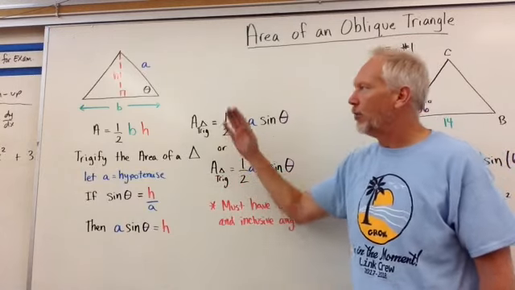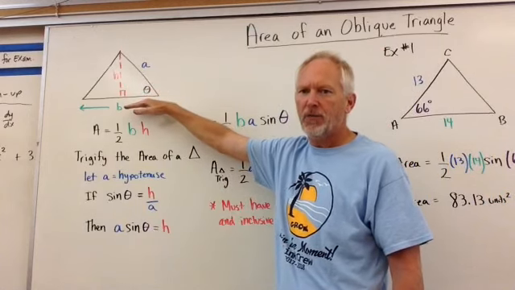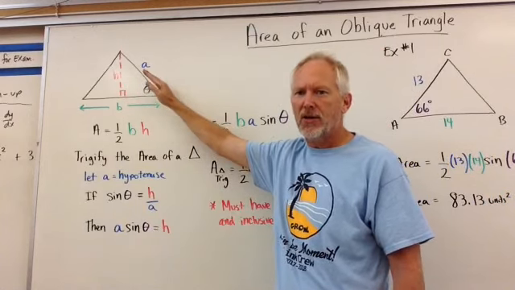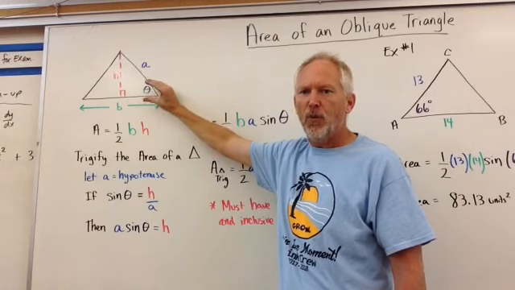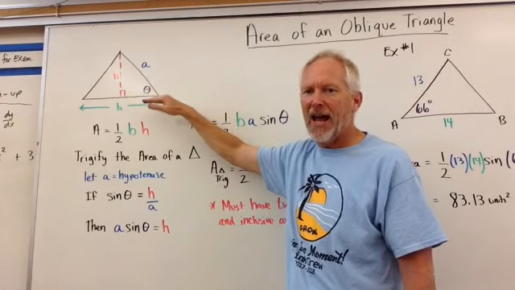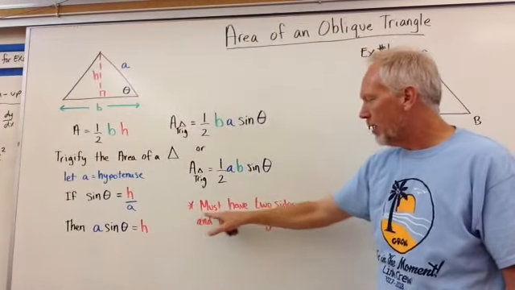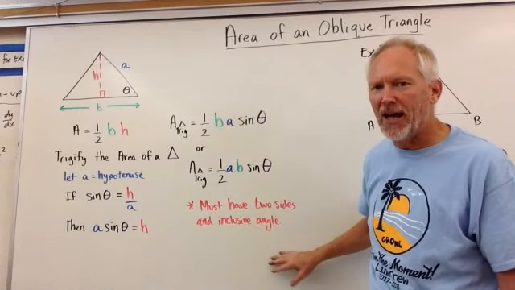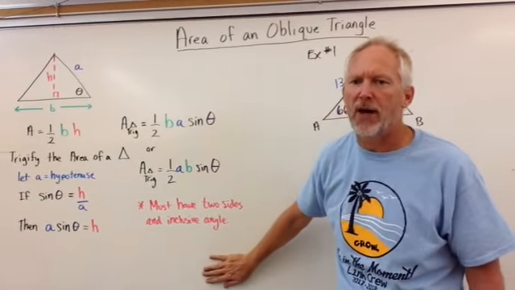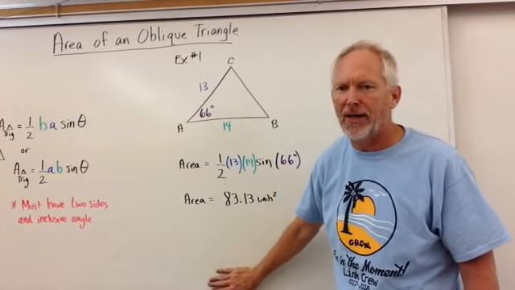So what must we have when we do that? You'll notice that we have A and we have B, so we have two sides and the included angle between them. We must have that. If we don't have that, then we have to do some more law of sines tricks to get that done.